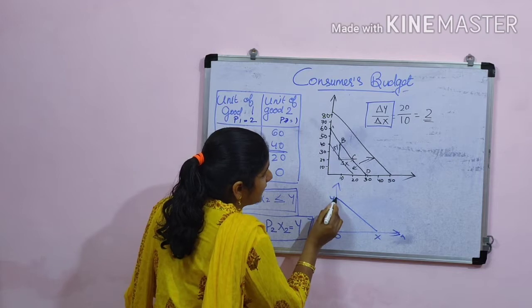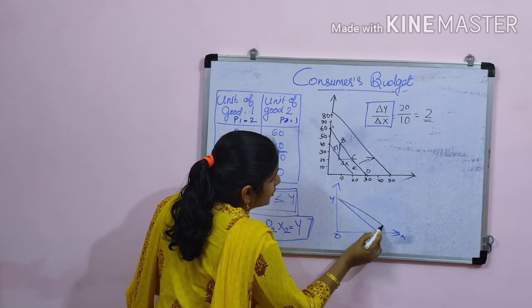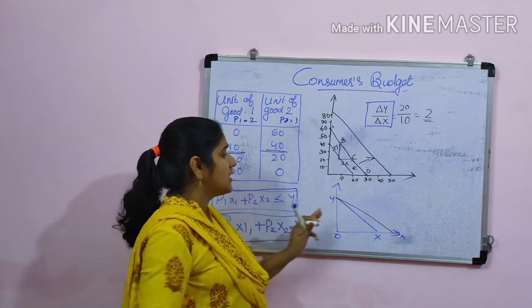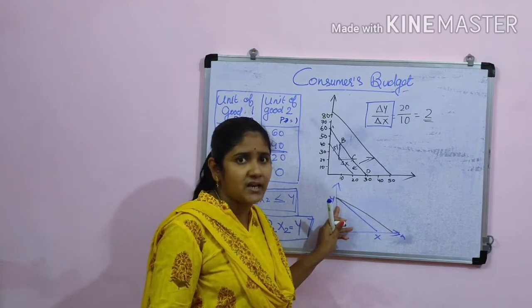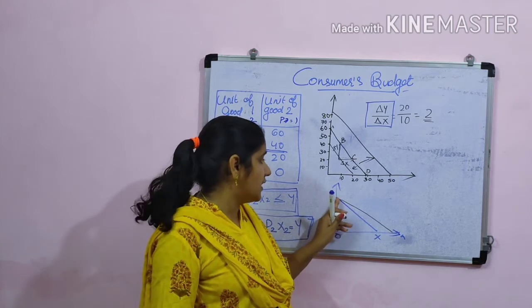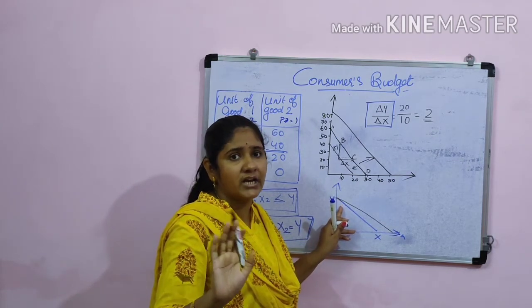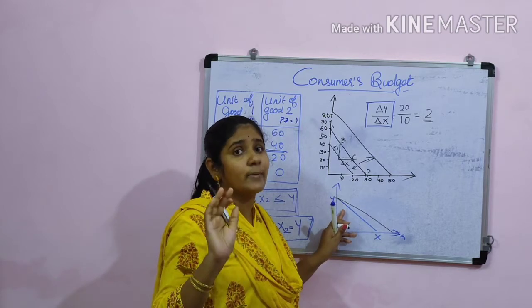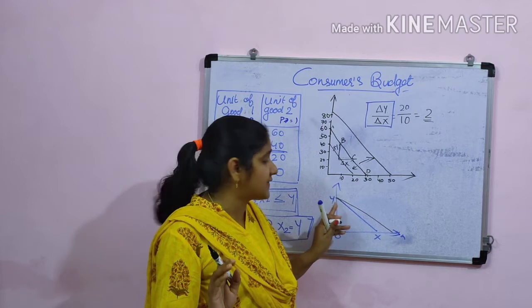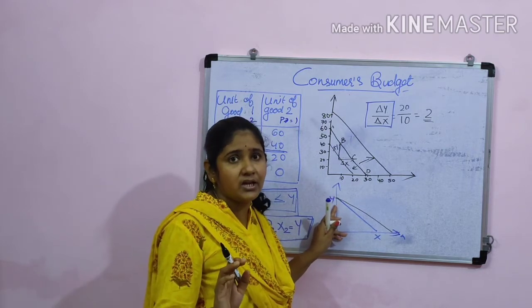Then what will happen? It will rotate in the rightward direction, because he is still able to purchase the same amount of the Y commodity. The price of the Y commodity has not changed, so the maximum number of Y commodity which he is able to purchase remains the same.